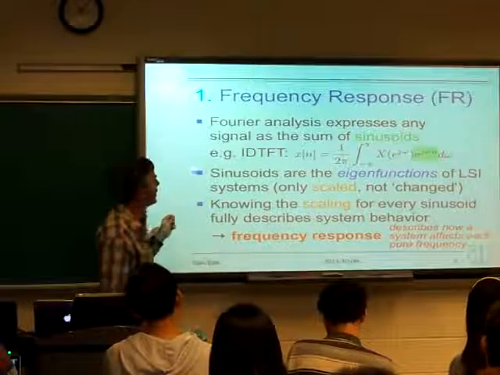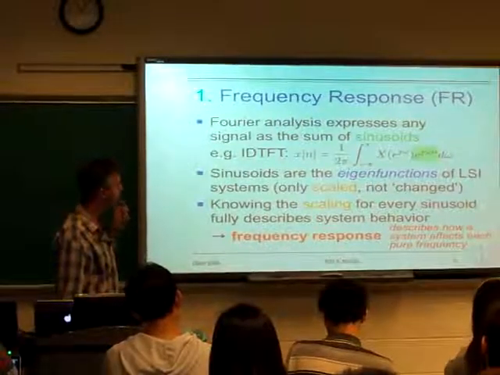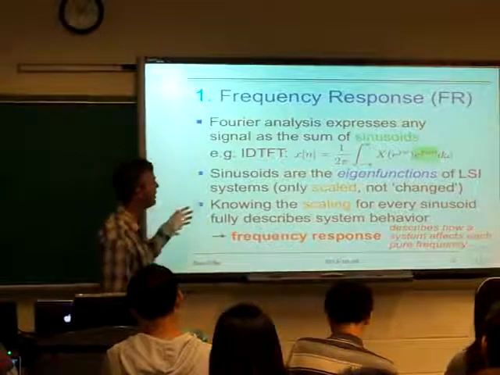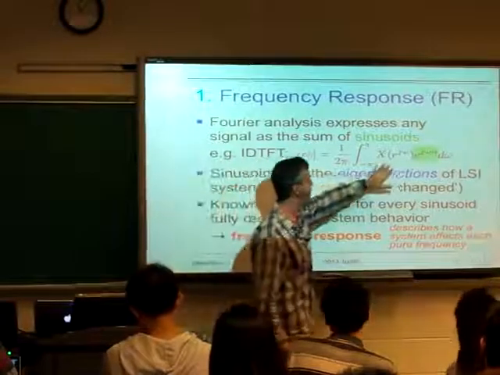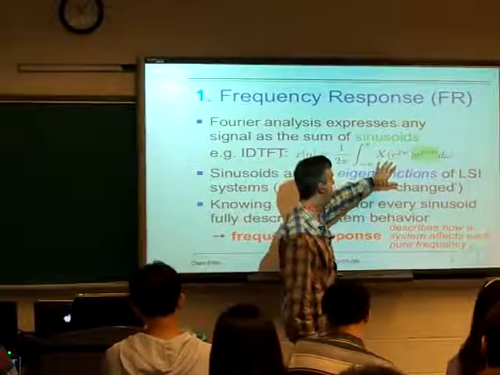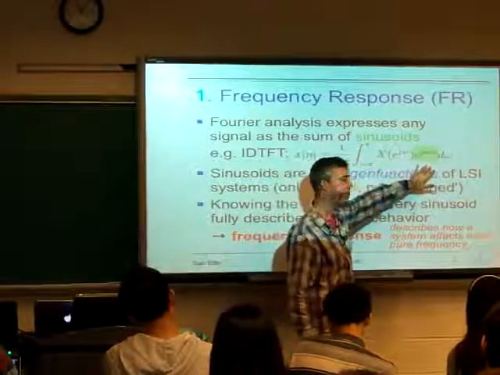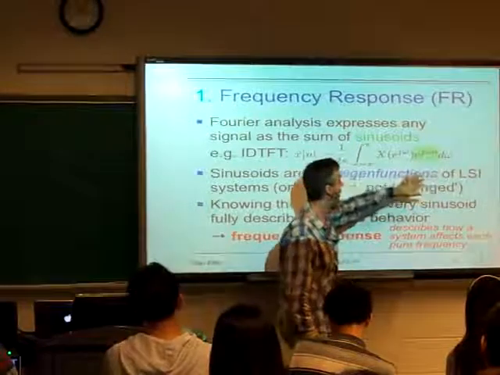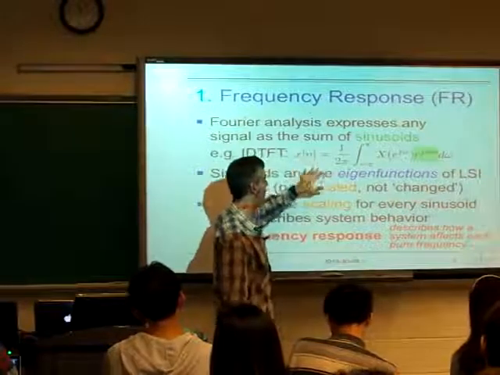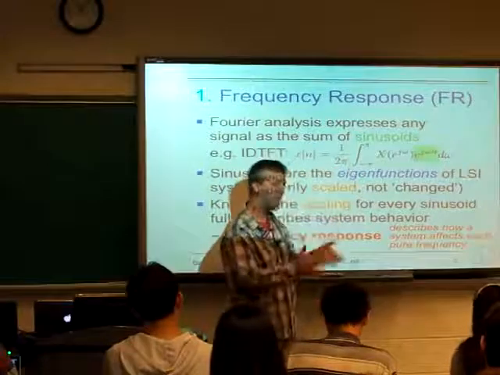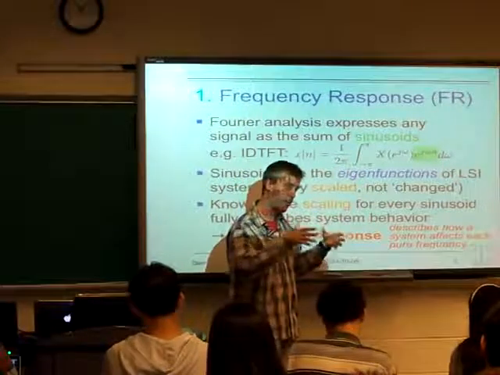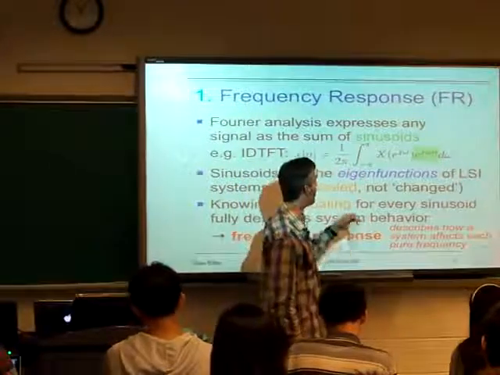So when we're looking at the Fourier transform, we have this basic idea that the Fourier transform X of e to the j omega tells you the weight of different sinusoidal components, e to the j omega n, contributing to x of n. This is an integral, but an integral is just a sum over a very large number of individual little pieces.